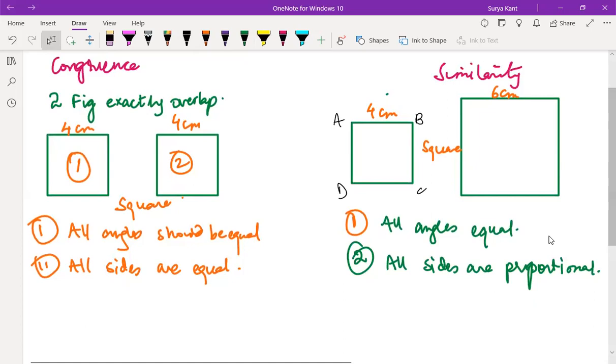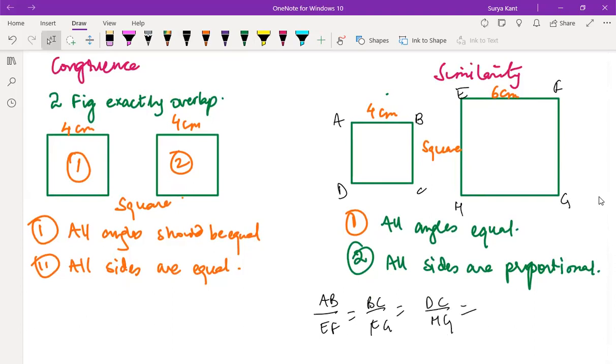If you compare ABCD and EFGH, we can write AB by EF is equal to BC by FG is equal to DC by HG is equal to AD by EH. This should be equal to 4 by 6, that is 2 by 3. All these sides are proportional.